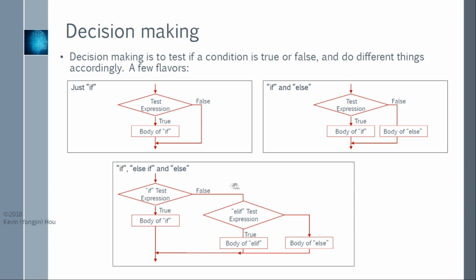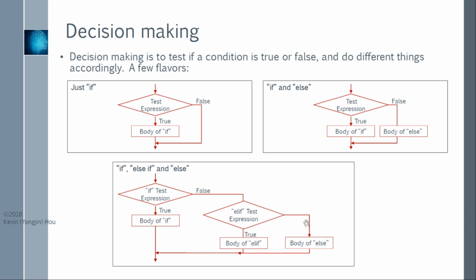So this is the second flavor. The third flavor is if, else if, and else. Again, start with the if condition. If it's true, come to the if block. If it's false, you ask the second question, which is else if. In the Python syntax, it is spelled ELIF. If this condition passes, you have a separate block for the else if condition.